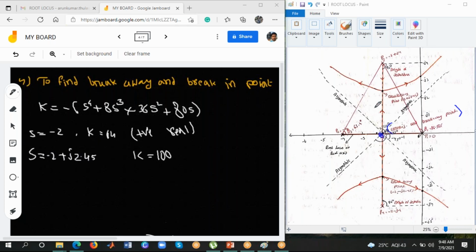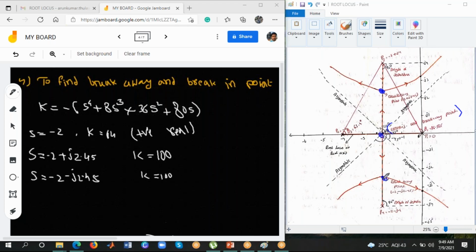Next S equals to minus 2 minus J 2.45. If you substitute this, then you will get K equals to 100. So it is also positive real. Then you will get the breakaway point here.